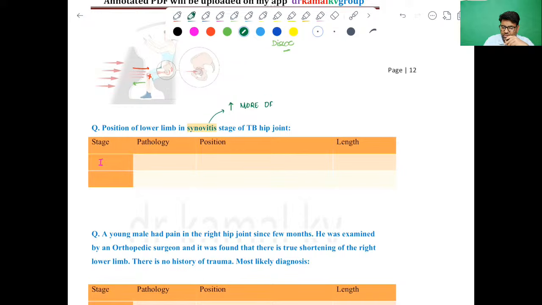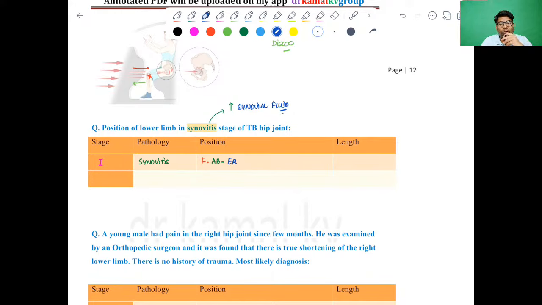Now when this synovial fluid is within the capsule of the hip joint, the capsule will try to assume one position in which it can accommodate a maximum amount of synovial fluid. So here there is synovitis, of course, leading to increased production of synovial fluid, and that position is actually FABER, right? So this is FABER, that is flexion, abduction, external rotation of the hip joint.